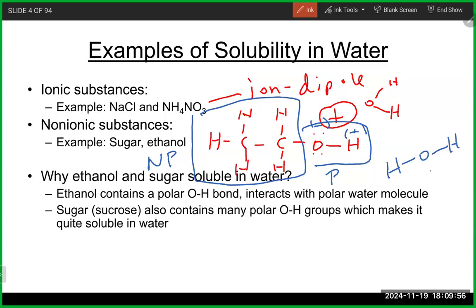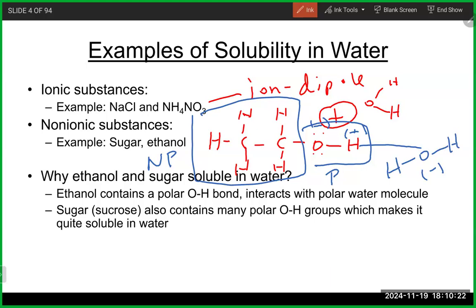The negative side of water can interact with the hydrogen side of that OH bond and do hydrogen bonding. And it makes something like ethanol really soluble in water because it has this little kind of polar bond on it. Even though it has a part that's nonpolar that can't really interact well with water, because it has that little part, it makes it pretty soluble in water.